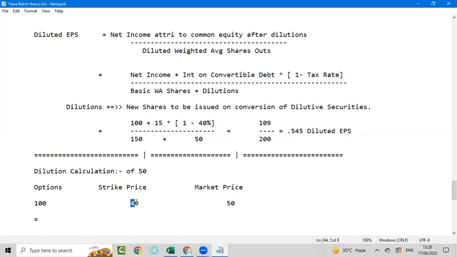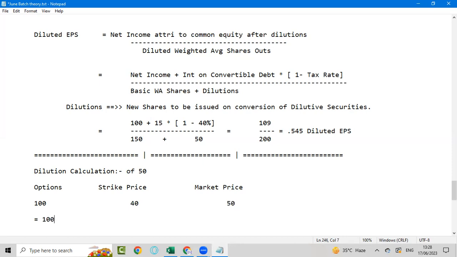If the strike price is 60, why would anyone want to buy shares at 60 when the shares are available at 50 in the market? Company will have to give at this price. If the strike price is less than market price, then only I will benefit. Otherwise, I will not benefit, right?